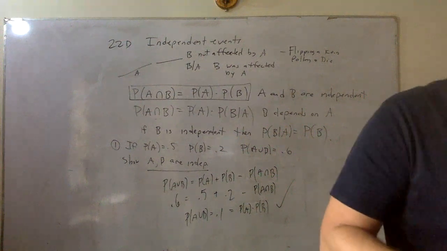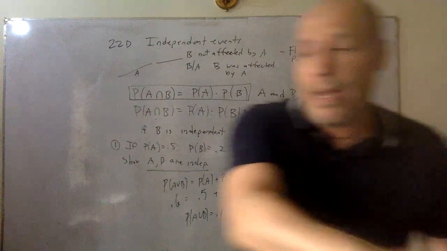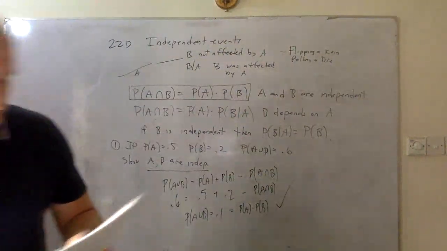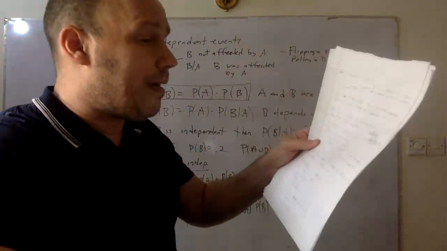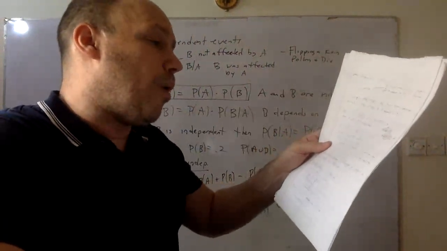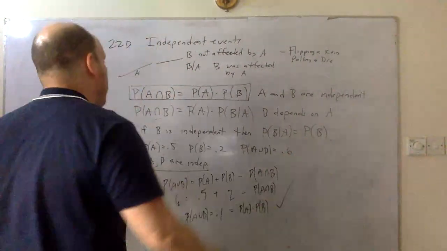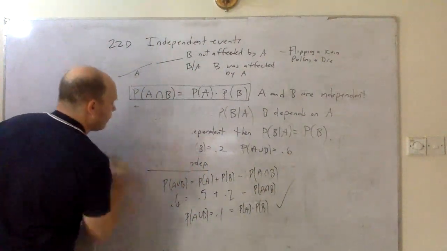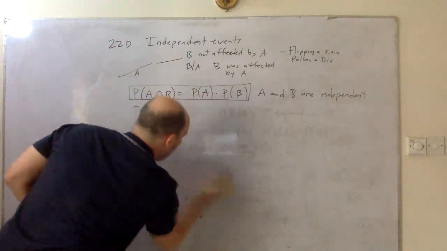Let's look at the second problem. Now they might say in the second problem that A and B are independent, with the probability of the union being 0.8, the probability of A equal to 0.2, and they want you to find the probability of B. So let's see what's given.